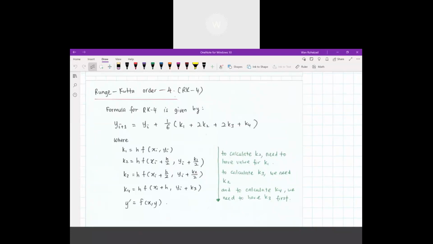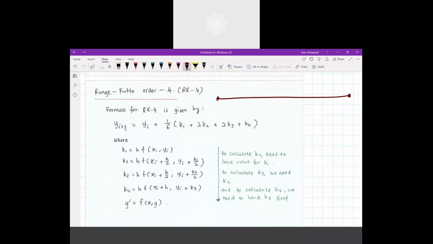Different from the Taylor series method, Runge-Kutta has its own formula, which will be given. So y_{i+1}, the next value, we still solve the same problem.